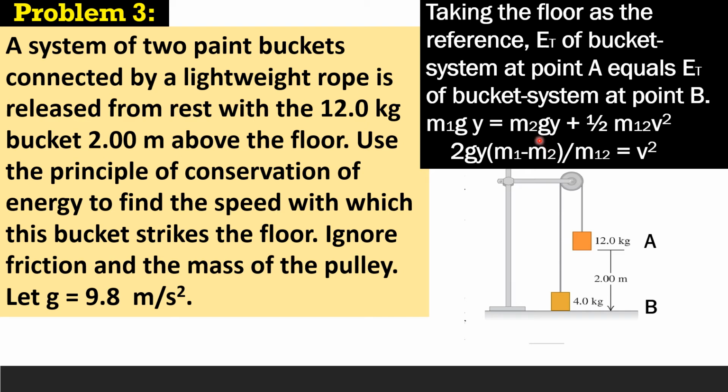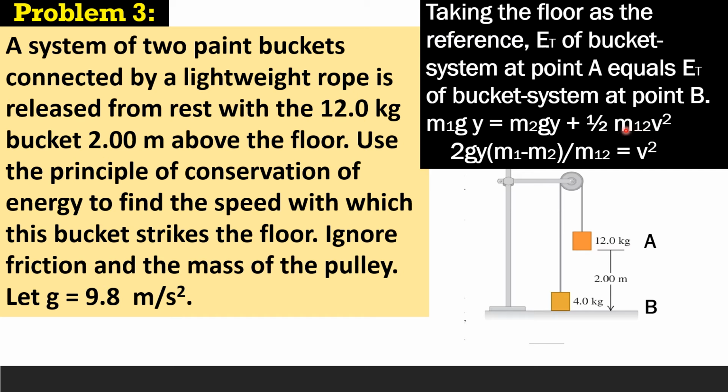That's why at that point, when the 4 kilogram body is 2 meters away from the floor, it has its own potential energy, expressed as M2GY, where the Y is also equal to 2 meters. Now, what is the other term? It represents the kinetic energy of the two bodies. Hence, their masses are labeled here as M12.